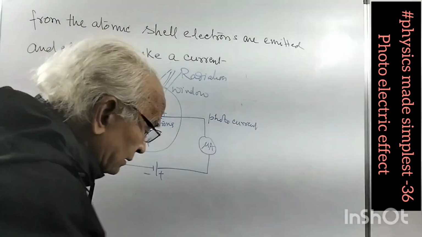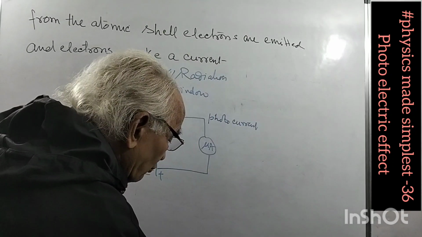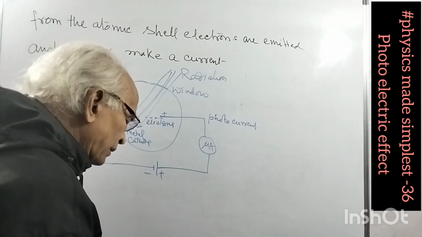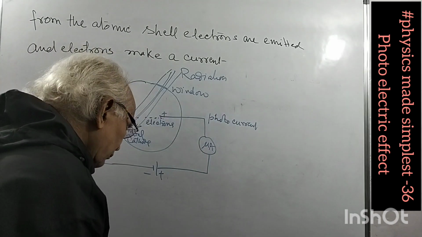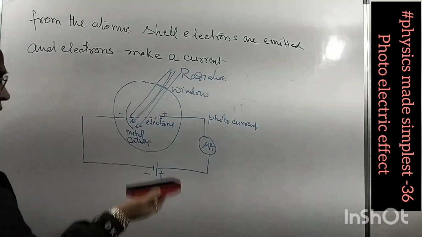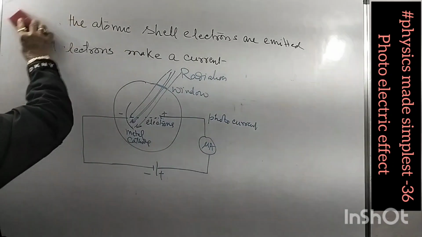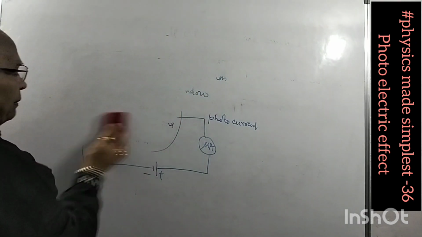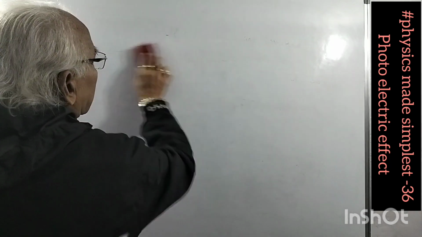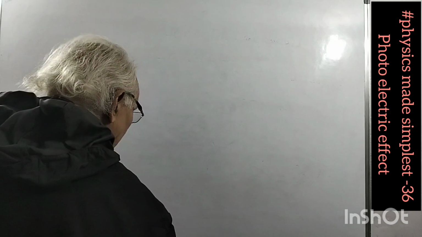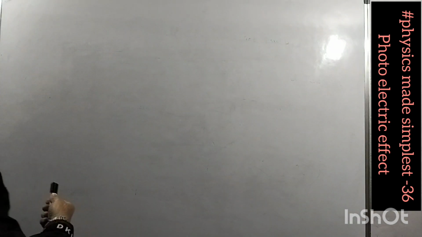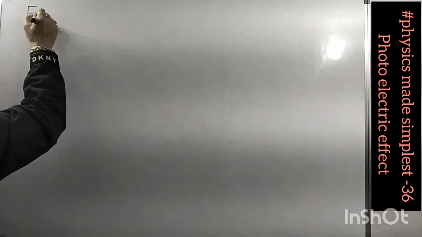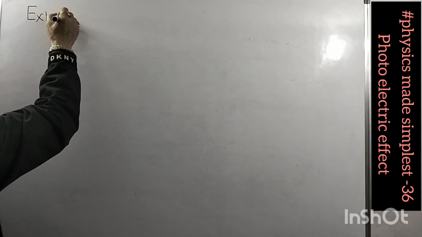You can do an experiment where you measure the current and change the potential, so you can observe what the experimental results are. What is observed experimentally?